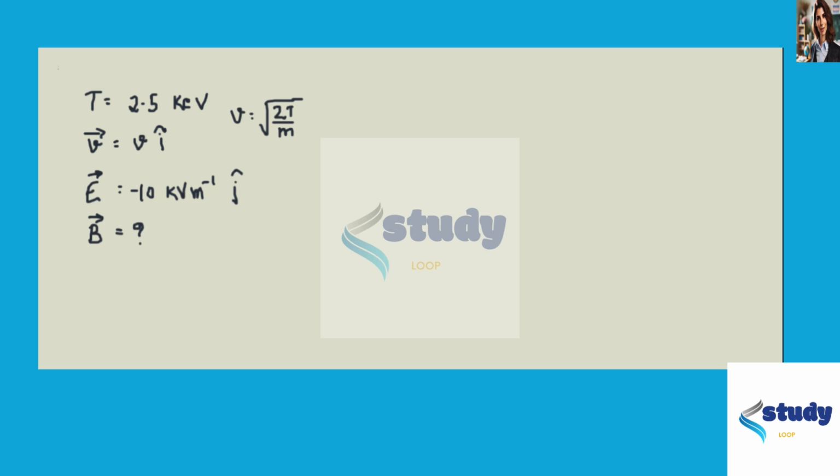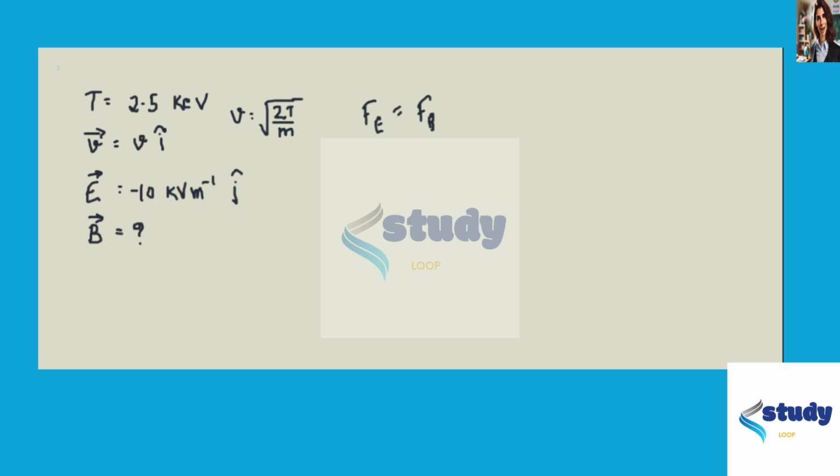So for this, to keep the electron moving along the x-axis, what we need is the force due to electric field should be equal and opposite to the force due to magnetic field, right? This means that the force due to electric field Fe should be equal to the force due to magnetic field B. So force due to electric field is, this is an electron, right?